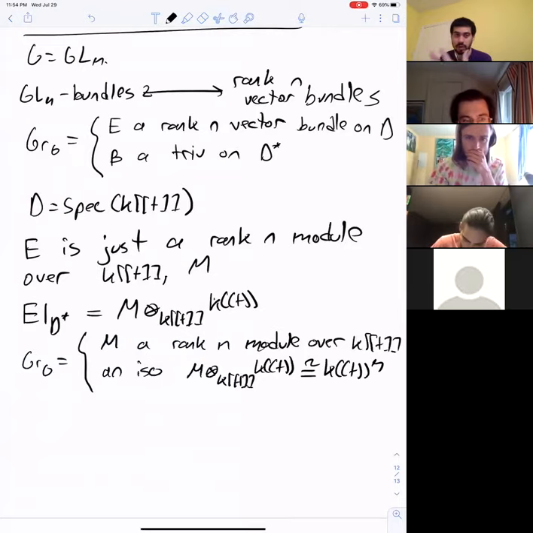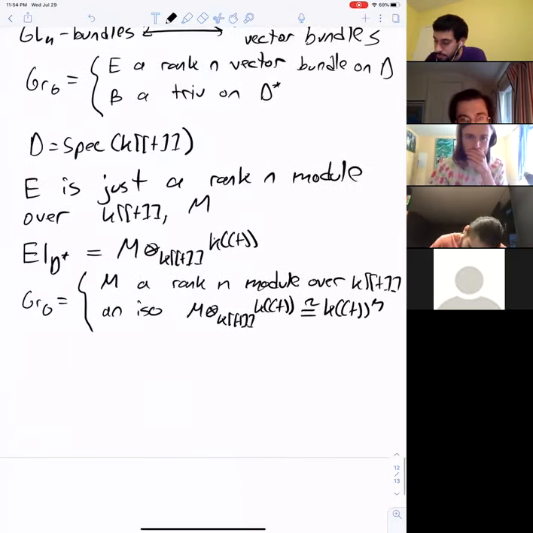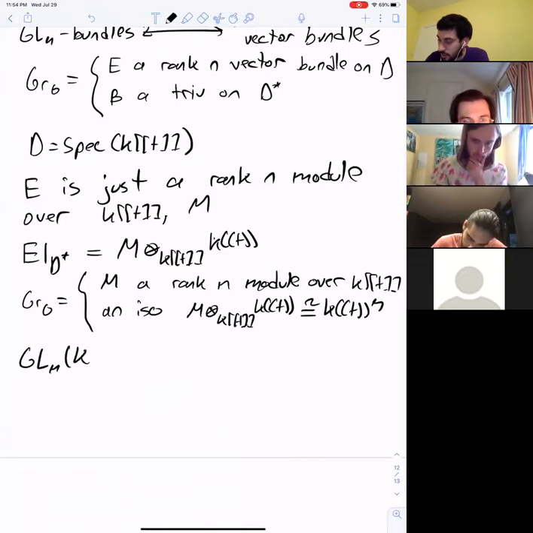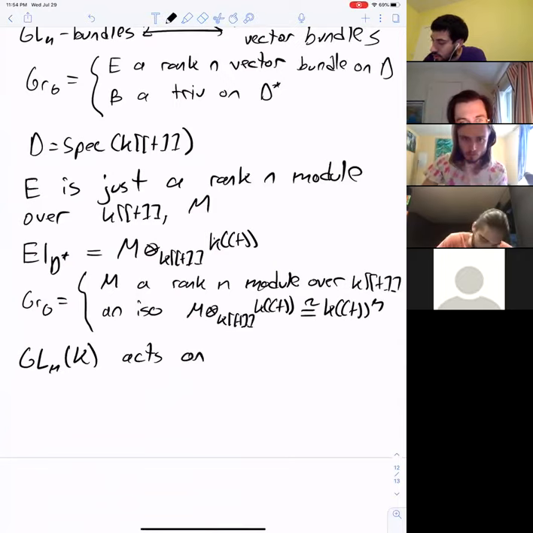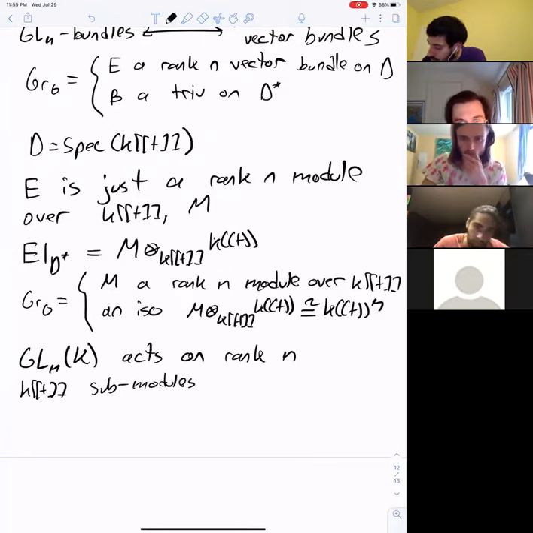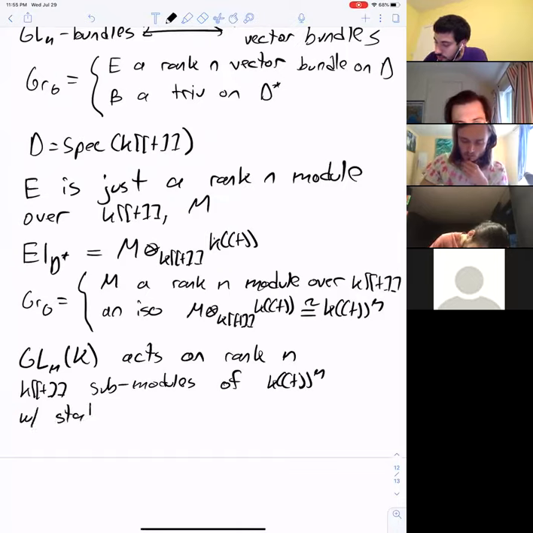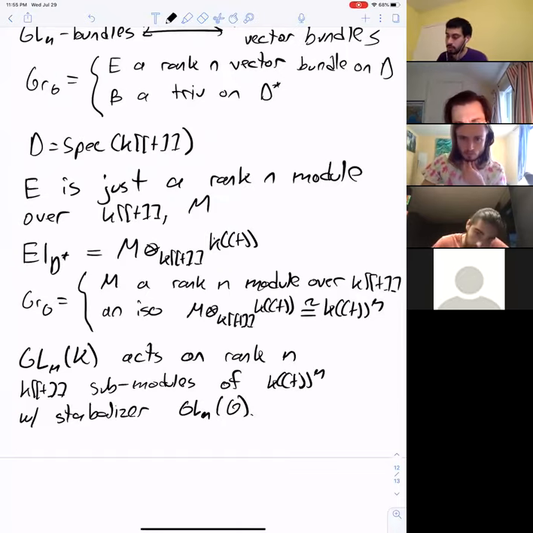And then we can even recover our original definition, because GLN of K acts on rank N K[[t]] submodules of K^n with the stabilizer GLN of O. So yeah, if you have a submodule of Laurent series to the nth power, we can clearly just act on that by n by n matrices with Laurent series.